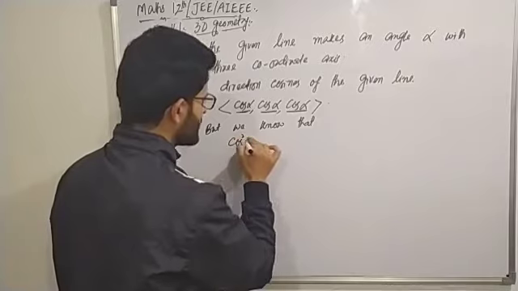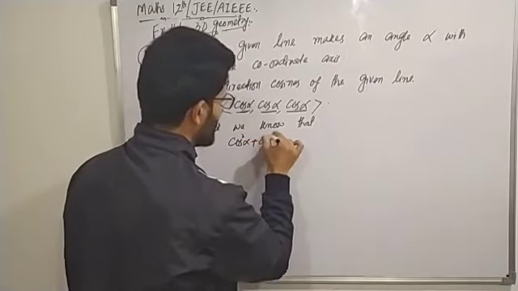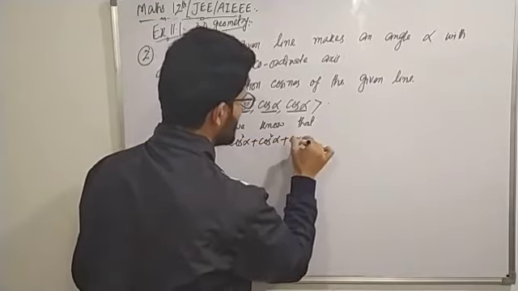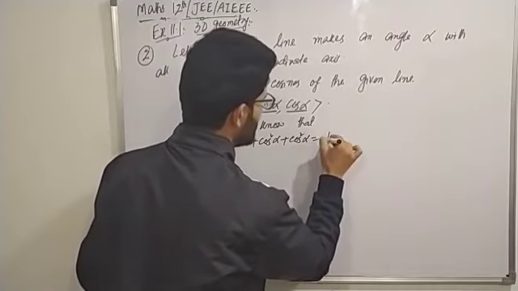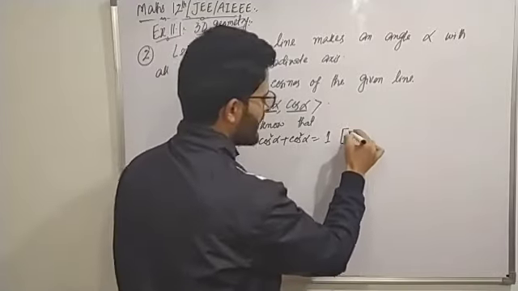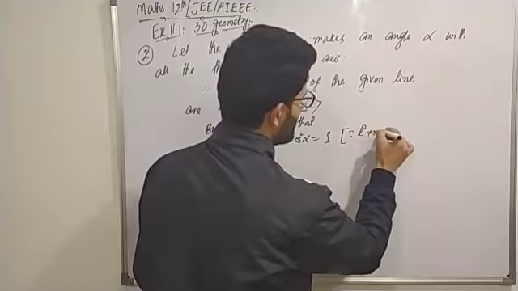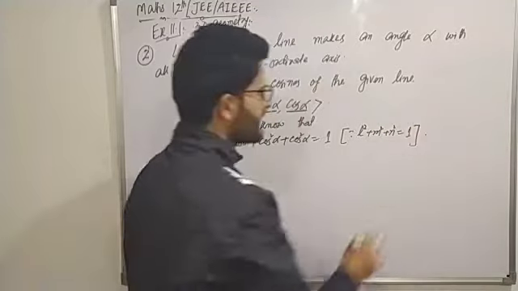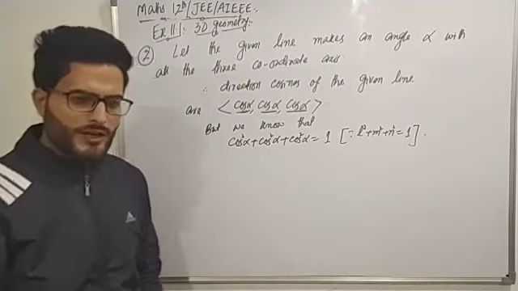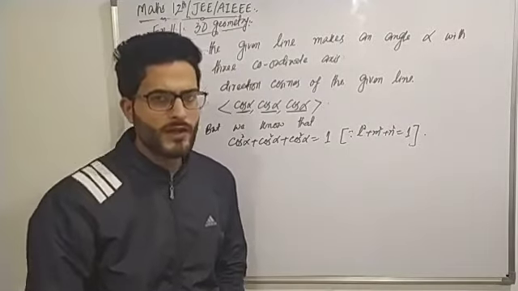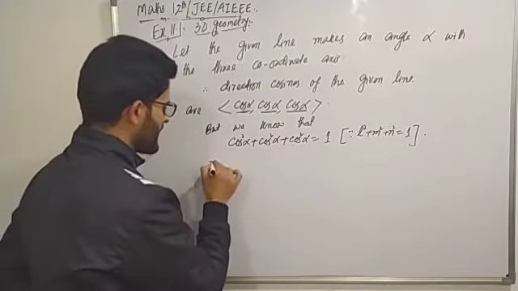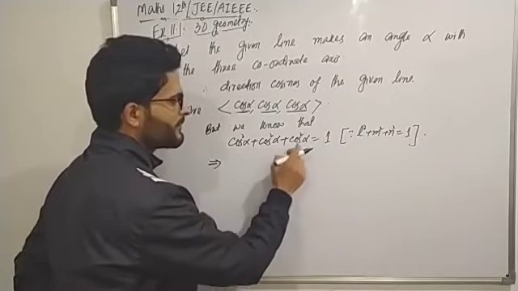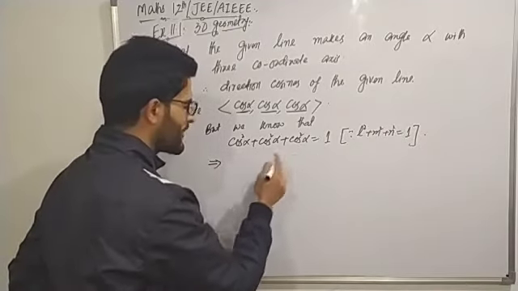बट वी नो दैट cos स्क्वायर अल्फा प्लस cos स्क्वायर अल्फा प्लस cos स्क्वायर अल्फा मस्ट बी इक्वल टू 1. व्हाई? बिकॉज l स्क्वायर प्लस m स्क्वायर प्लस n स्क्वायर इज ऑलवेज इक्वल टू 1. The sum of squares of direction cosinus of a vector is always equal to 1. So implies cos square alpha plus cos square alpha plus cos square alpha.